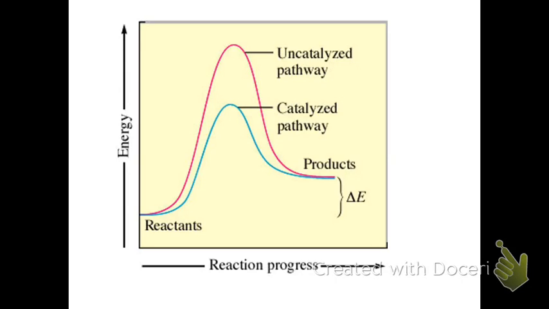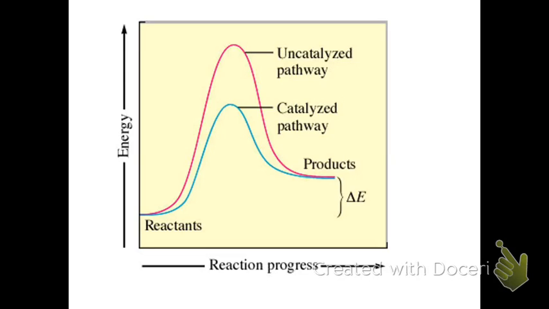Therefore, it is also not going to change your delta E or your delta H. So if it were an AP problem and they asked you to calculate enthalpy, your enthalpy would not change whether it's catalyzed or not. It just will happen faster because it has a lower activation energy.